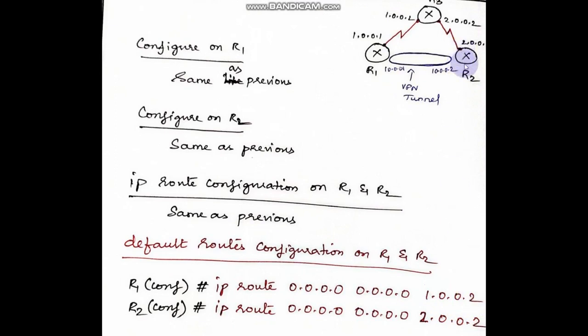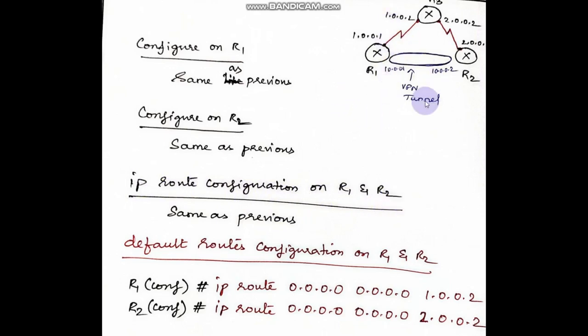Similarly for R2 the next hop IP is 2.0.0.2, that only I have given here. So here I have not given the tunnel IPs, 10.0.0.1 and 10.0.0.2. You have to give these IPs only when you are configuring the static route. That time you have to give them.